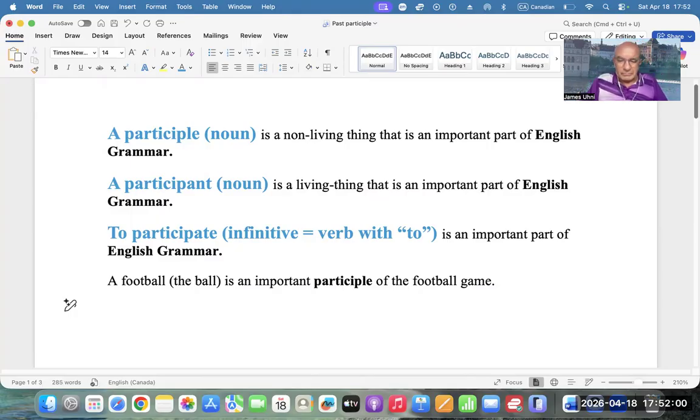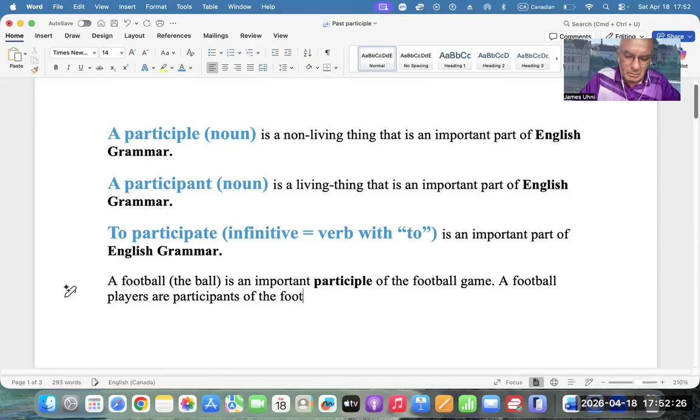Now I will write: football players are participants of the football game.